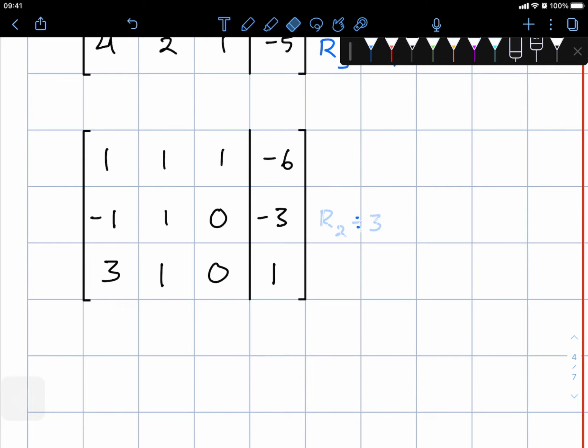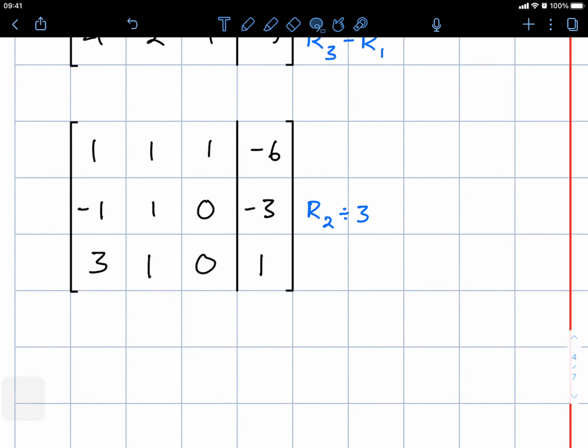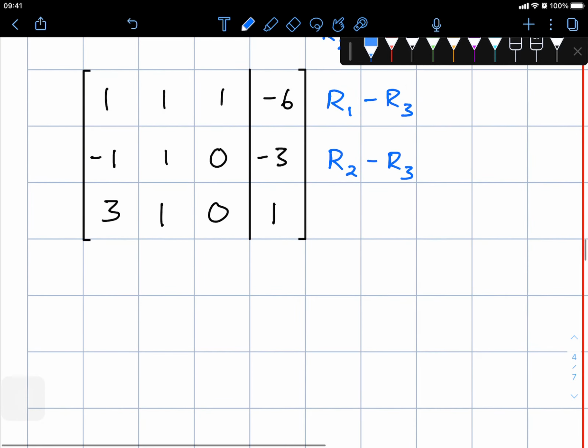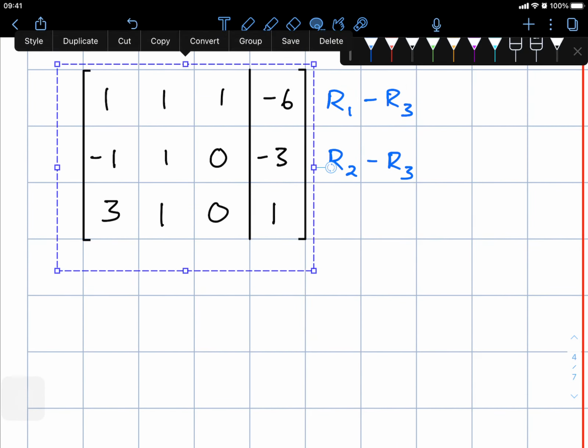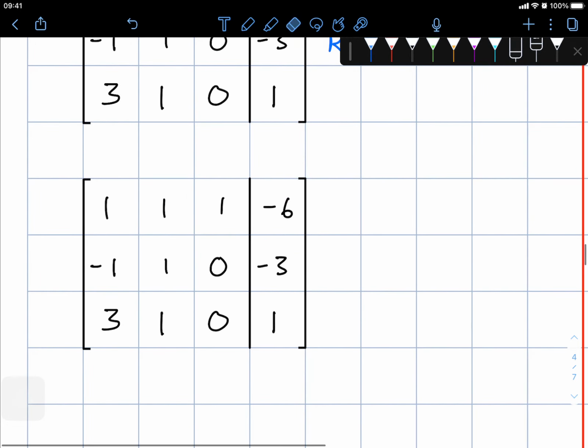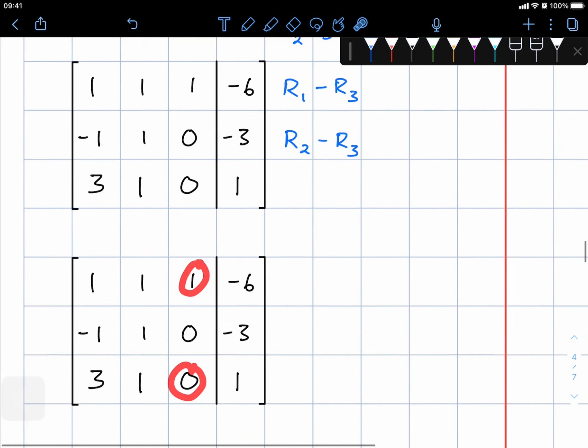From here, I can make these ones. So let's just pretend we did that in the previous. There we go. So now let's make these 0. That's just row 1 take away row 3, and row 2 take away row 3. So we know that, well, this isn't going to change because it's interacting with the 0. Let's take a look.